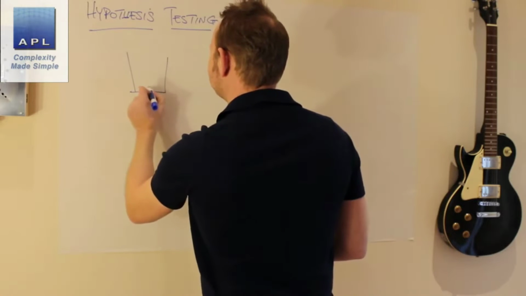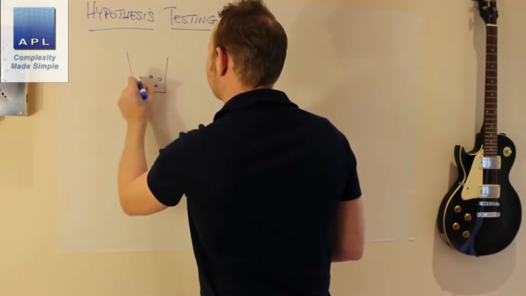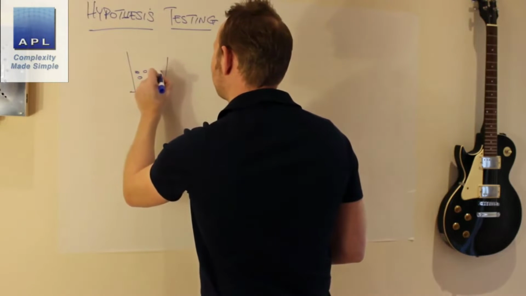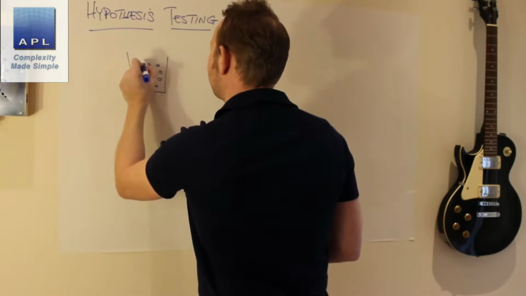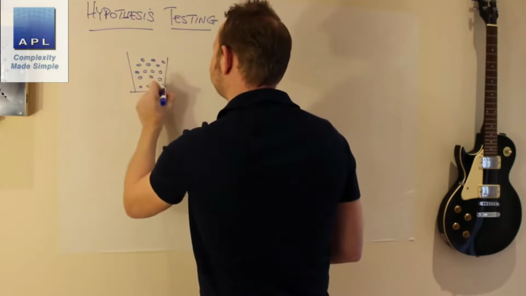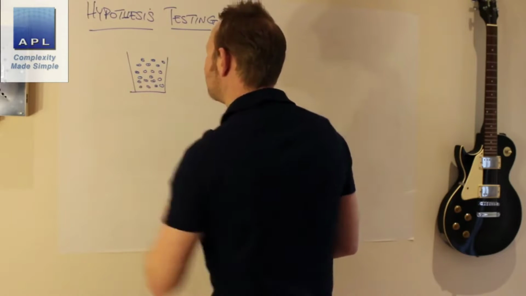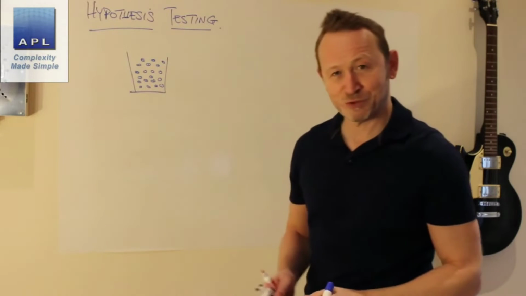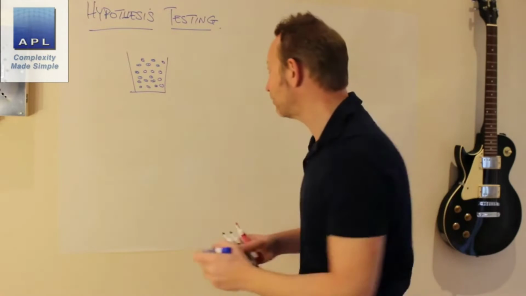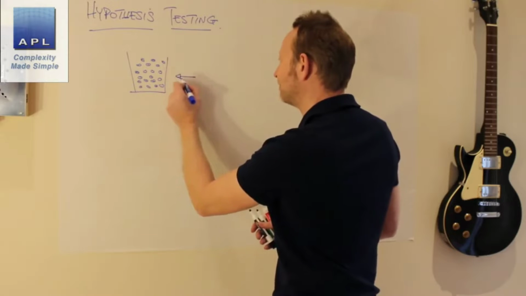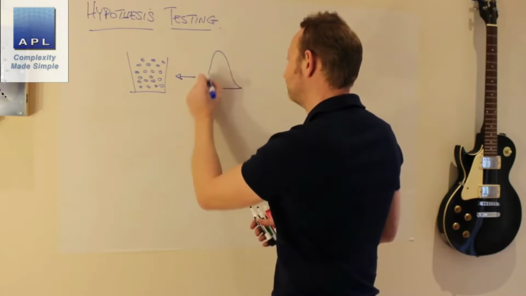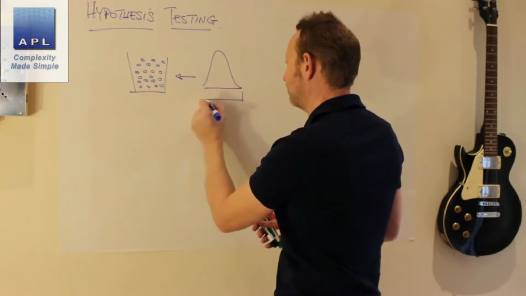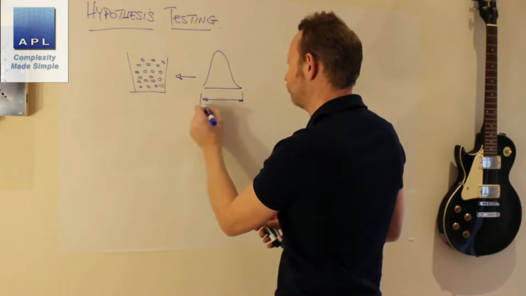let's say we have a bucket of parts here. They're all identical in the sense that they were all made at the same time with the same settings. So in that sense, the process isn't going to move around here. The process is stable, and this process hit a mean, and it also had a range.